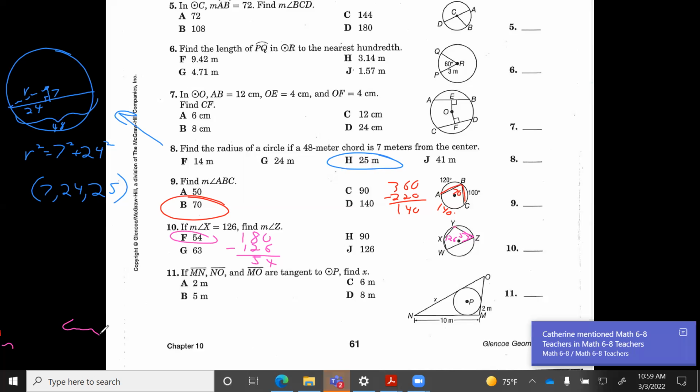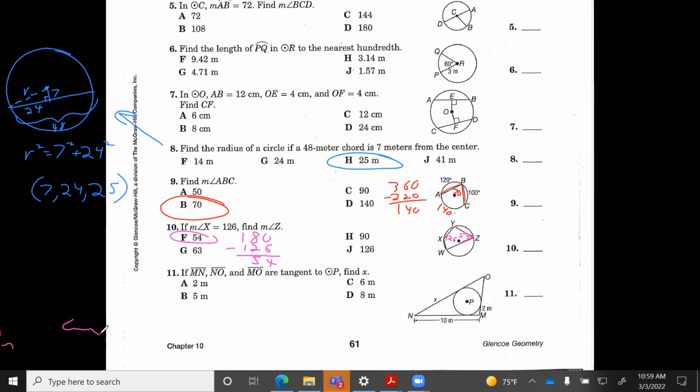Well, inscribed angles are half of their intercepted arcs. So if together combined, their intercepted arcs are 360, the angle measures together would have to be half of that, which would be 180. Does that make sense? No? All right. But opposite angles, just remember that fact. Opposite angles are supplementary.